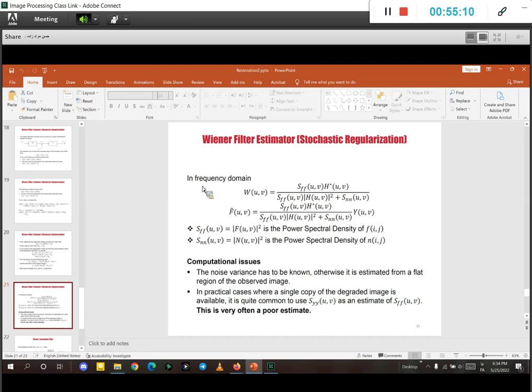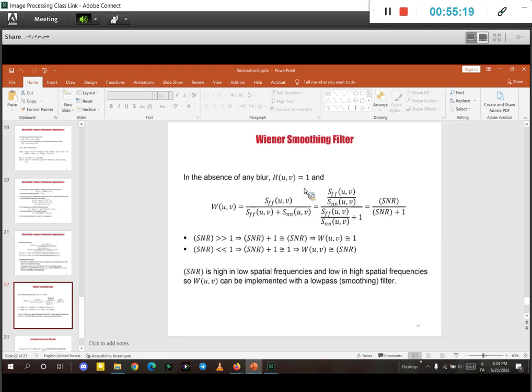And again, in the absence of any blur, H is 1: the input is transferred to the output. W is the PSD of input over the PSD of input plus the PSD of noise.